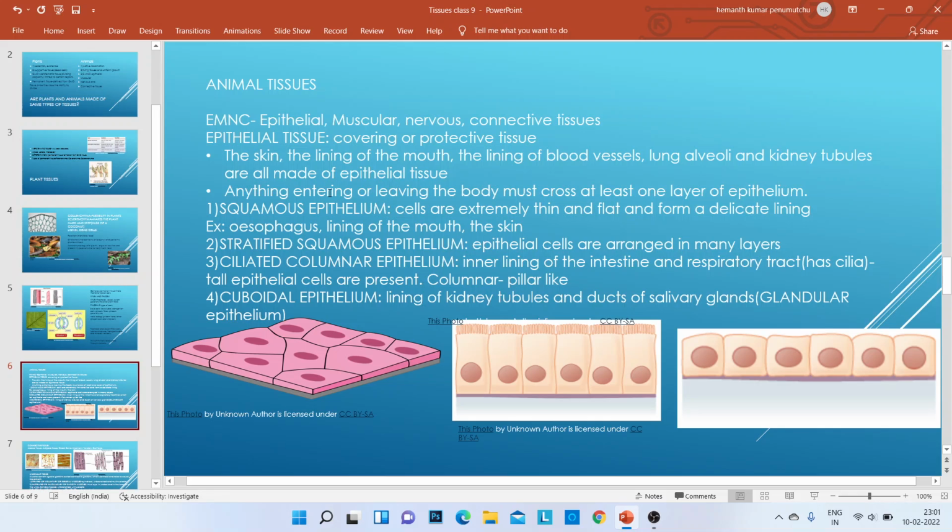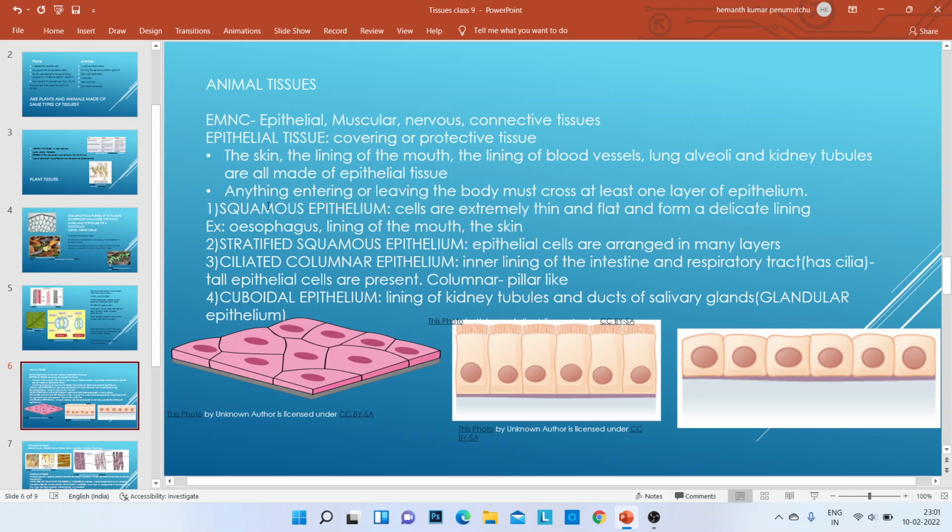So if any outside particle enters the body, it should cross at least one layer of epithelium. That's the importance of epithelium. It protects the body not only externally with the help of skin, it also lines the internal organs like lung and kidney. Those are also protected by this epithelial tissue.